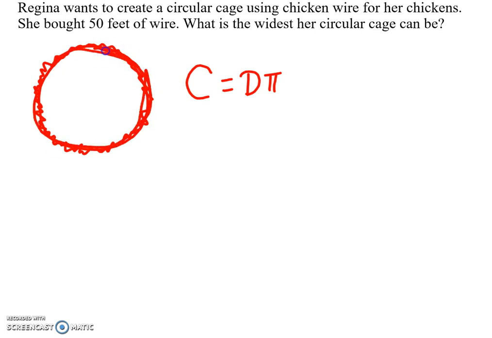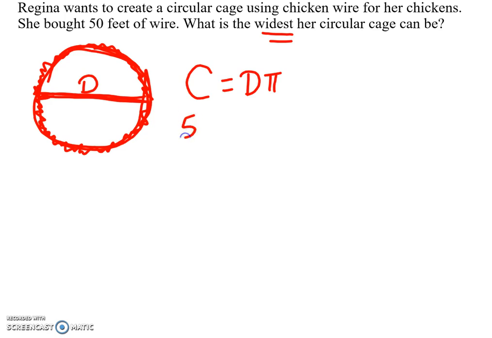So what that represents is my circumference. And what I want to find, being the widest that our circular cage can be, that's my distance across the circle. Well, the distance across the circle that goes through the center, being the widest, is my diameter. So what I'm really finding in this problem is the diameter.